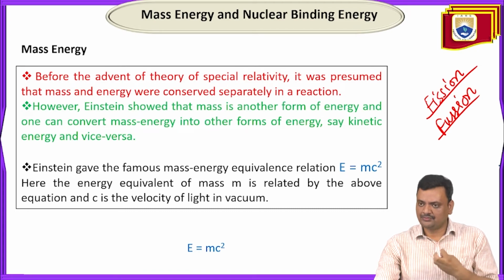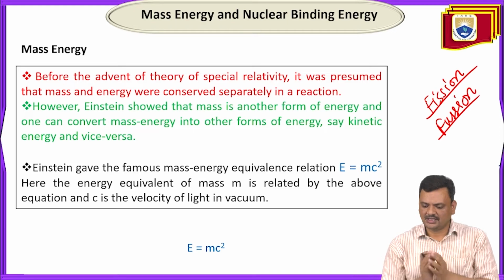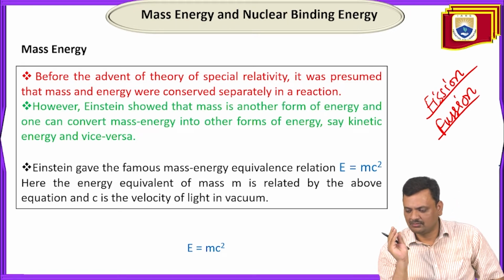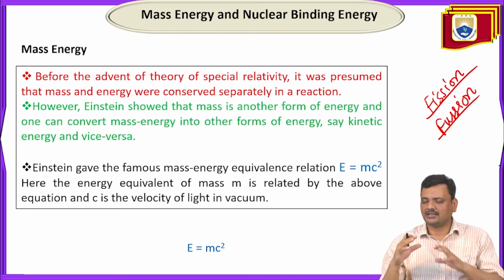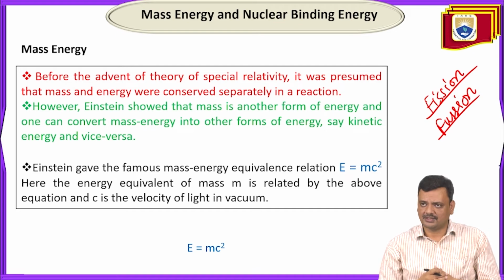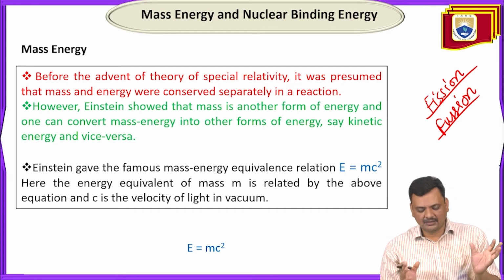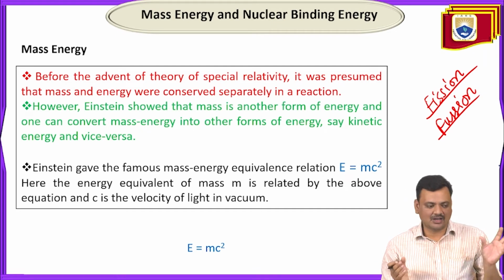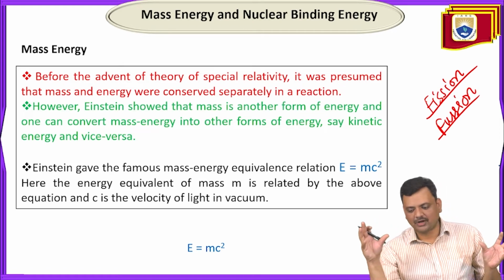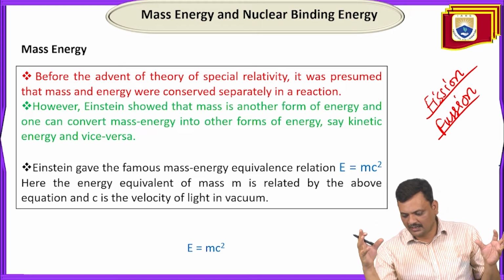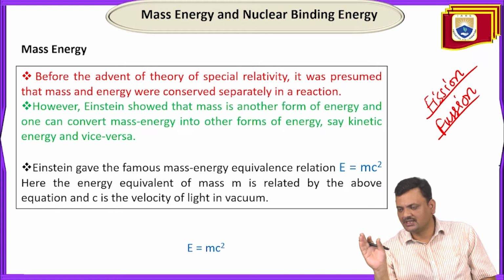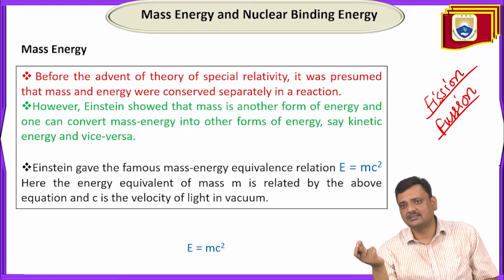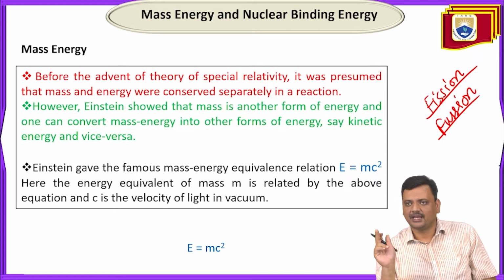In both fission and fusion processes, the constituent atoms lose some of their mass and are converted into different types of atoms. If you calculate the mass of the parent atoms and the product atoms and compare, you find something is missing in mass, and that mass is converted into energy.